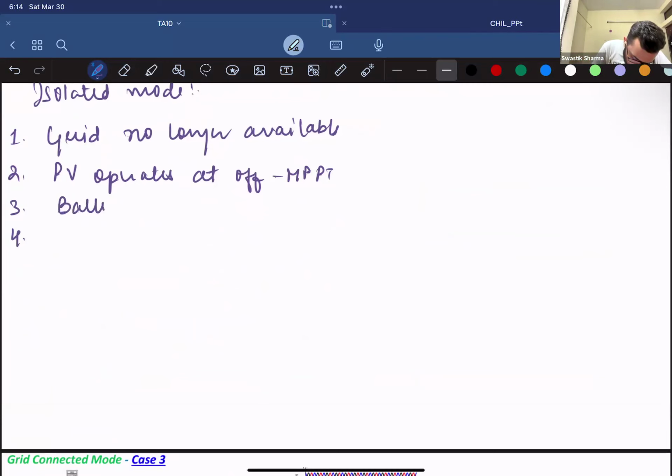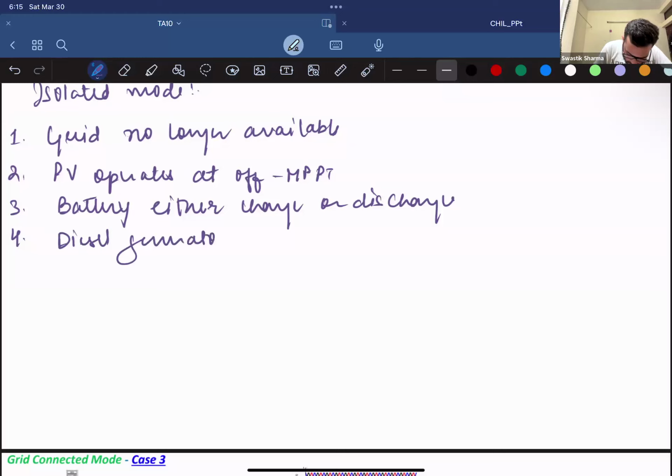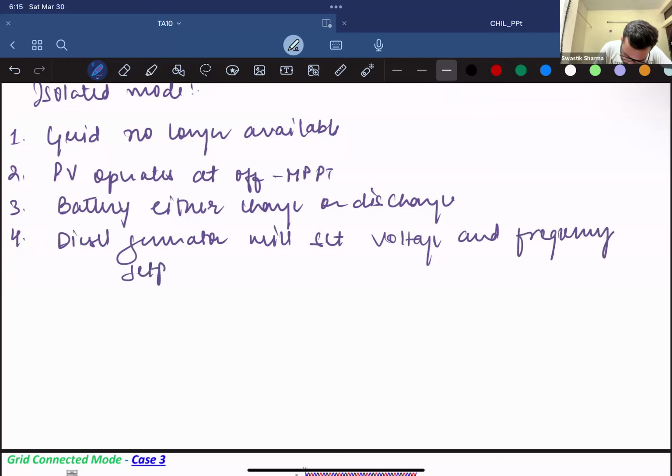Now your battery could either charge or discharge depending on the conditions, and your diesel generator will take over the frequency setting.